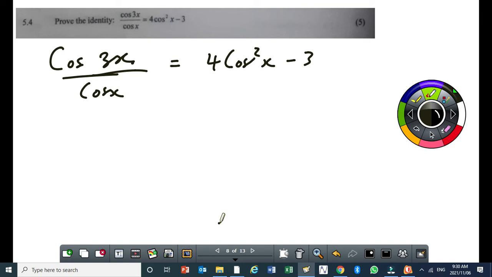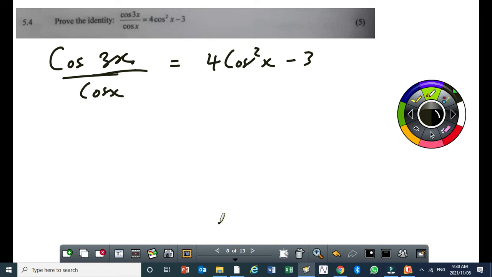At this level in grade 12, you have to know your double angle, your compound angle, and your fundamental identities from grade 11. Tan is equal to sine over cos, and sine squared plus cos squared is equal to 1. You also have to know that sometimes you may need to factorize, or find the LCD and so on.